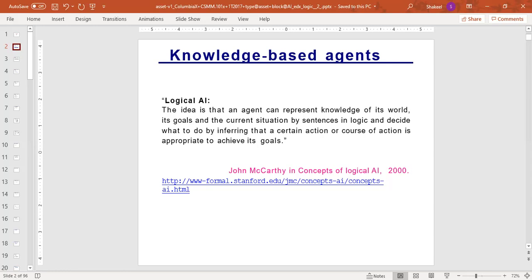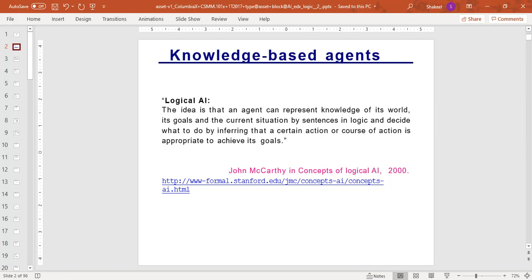Let's start with this compelling definition from John McCarthy in his article Concepts of Logical AI, published in 2000. The idea of logical AI is that an agent can represent the world, the goals, and the current situation by sentences in logic, and decide what to do by inferring that a certain action or course of action is appropriate to achieve the goal.